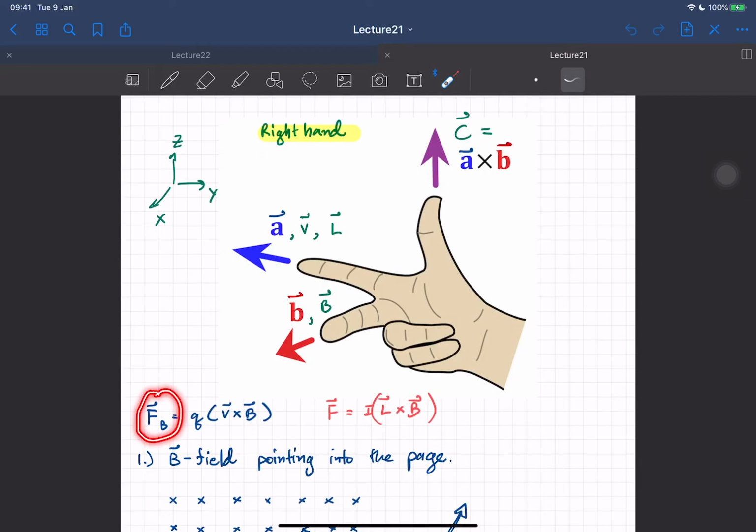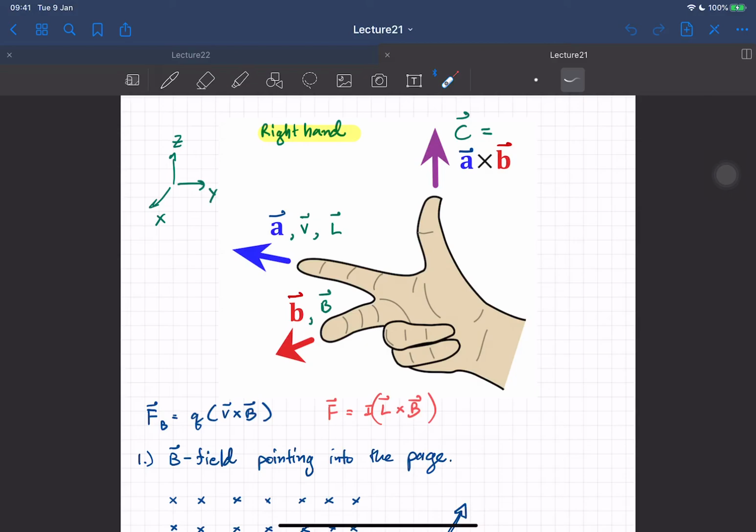In this case, force is velocity cross B, the magnetic field. So you put your index finger in the velocity direction, the middle finger is always going to be the magnetic field, and the force will be your thumb.